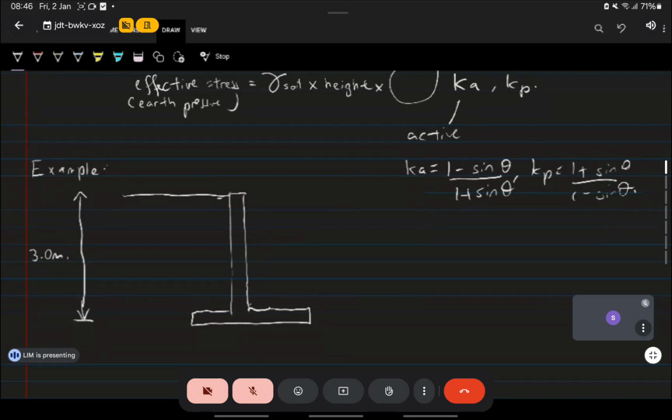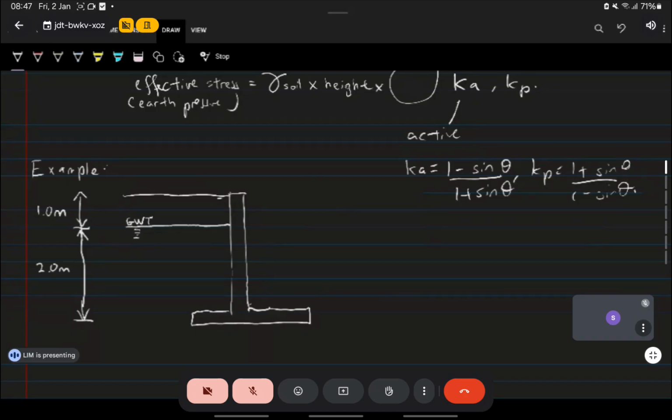So the water table, let's say the water table is somewhere there. Groundwater table. Okay, you have another soil on top, 3 meters. So the overall retained height is 3. The groundwater table is 1 meter below the ground surface.